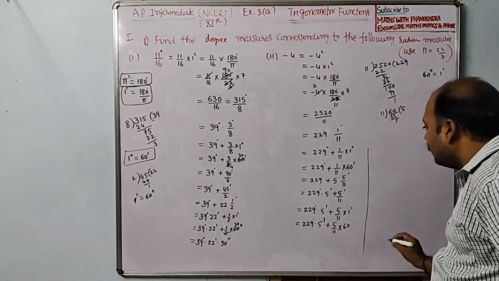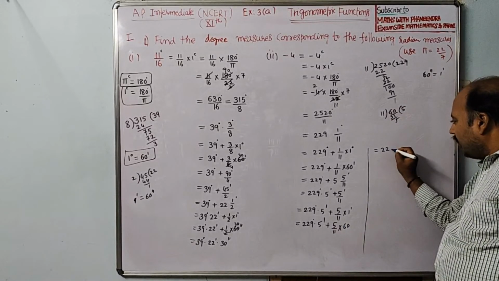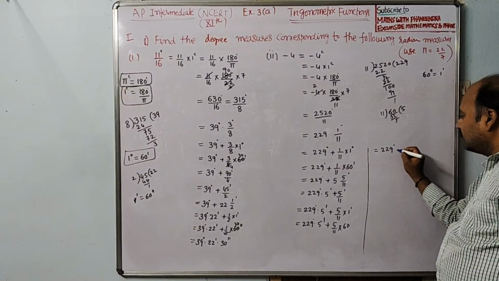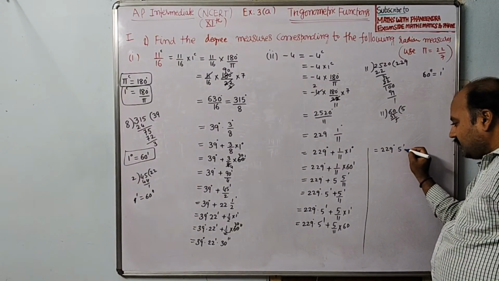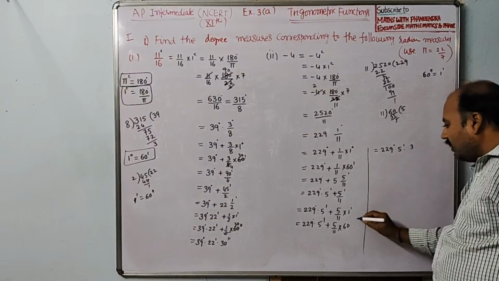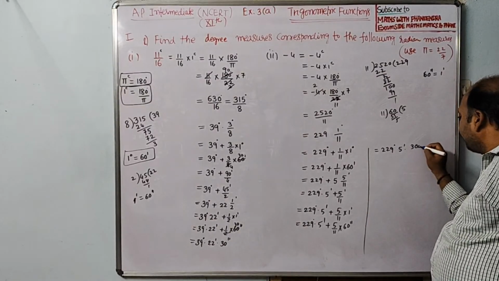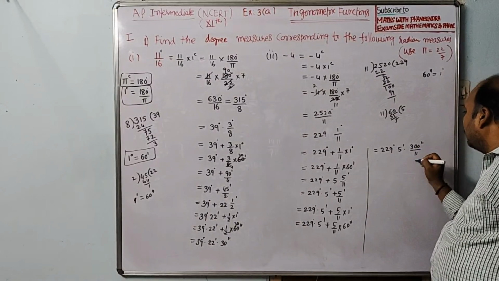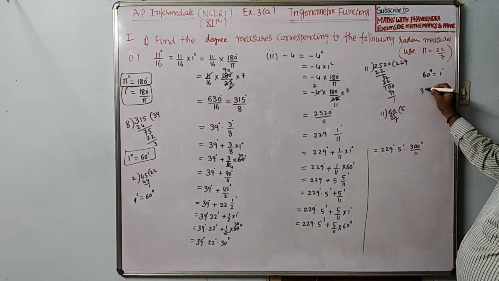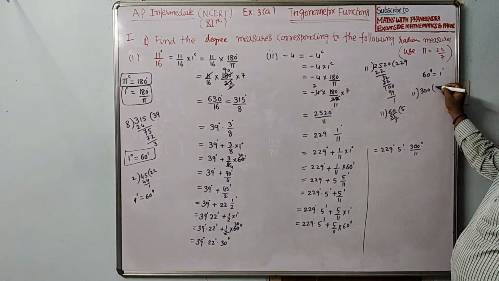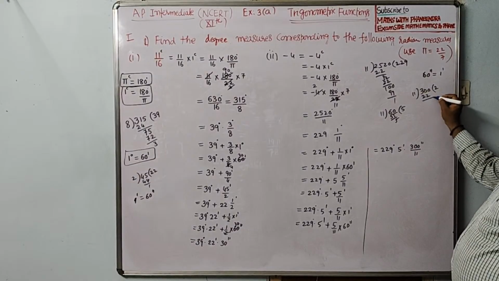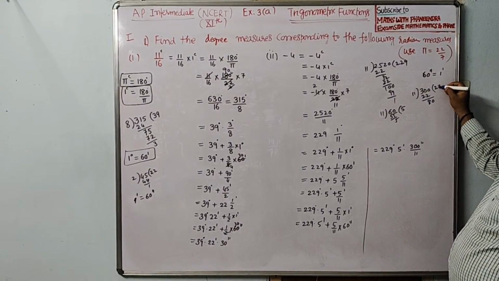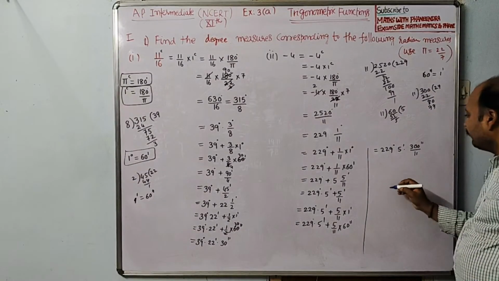Again I will continue here. 229 degrees 5 minutes 300 seconds by 11. So 300 by 11 we can do it. 11 2s are 22. Here 8 will be there. 11 7s are 77.